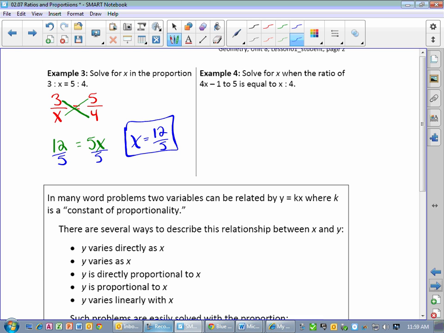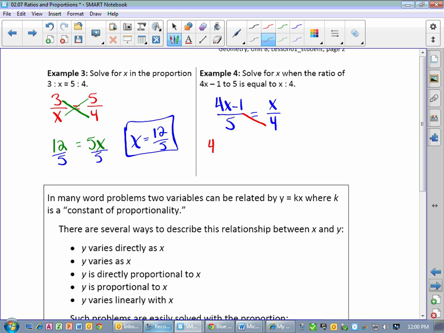Another example of solving an equation with proportions. It says solve for x when the ratio of 4x minus 1 to 5 is equal to x to 4. So 4x minus 1 to 5, notice I just write it as one fraction, 4x minus 1 is the numerator, 5 is the denominator, is equal to x to 4. So we cross multiply.